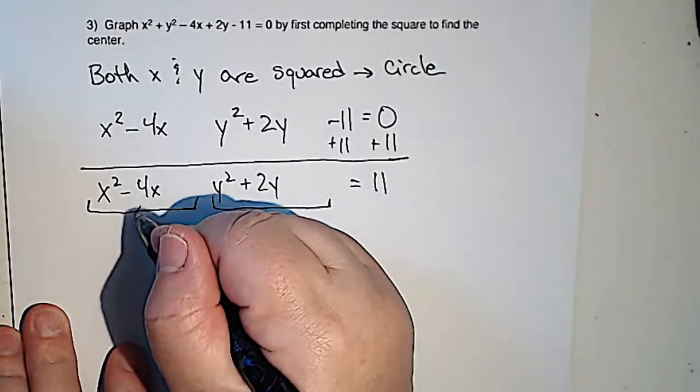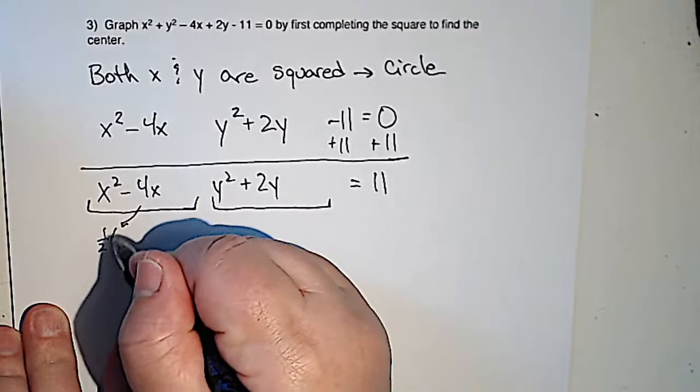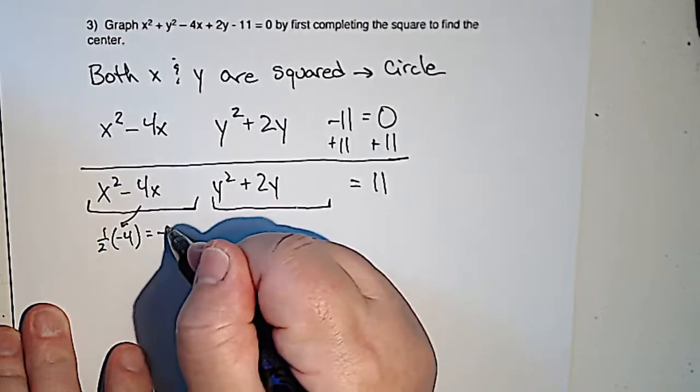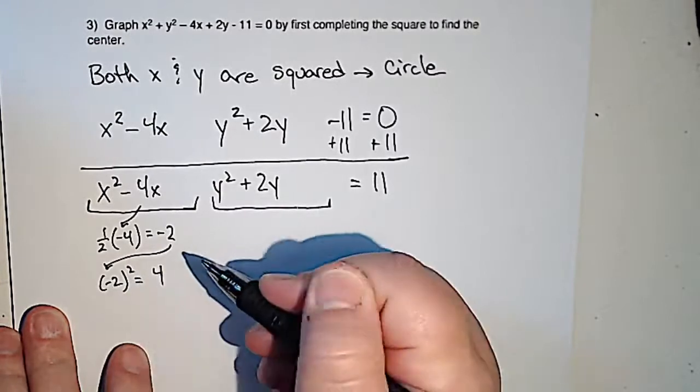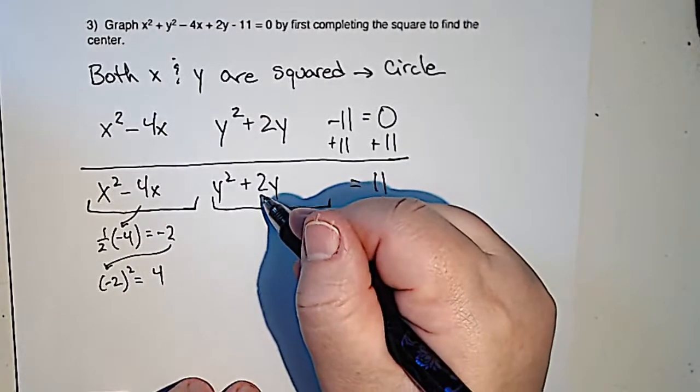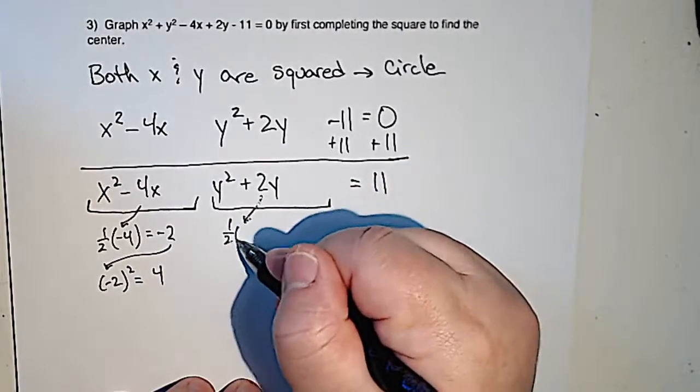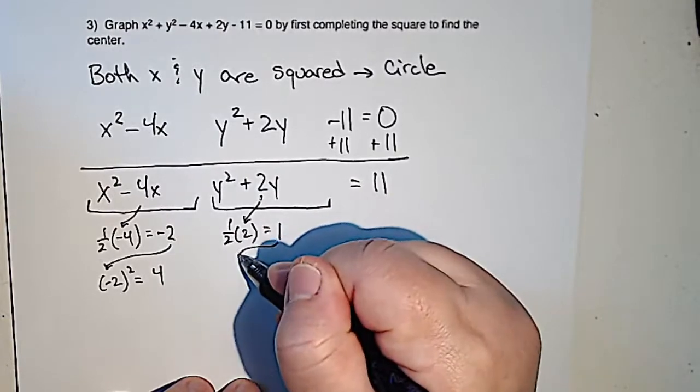For the x's, I take the minus 4 and take half of it, and then I square that. For the y's, I take half of the 2, and then I square that.